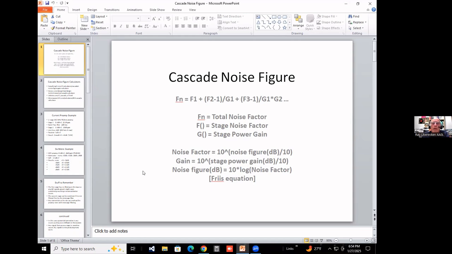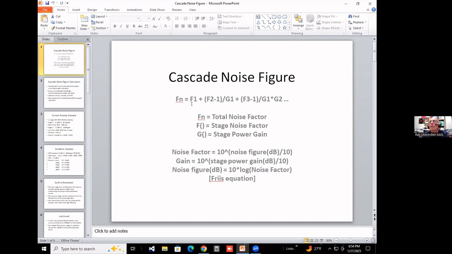This includes the preamp stages, the filters, the losses of the cable coming down, and the SDR. Now, I don't know which SDR we're talking about here, so I just guessed and took a typical number for the little SPI SDR, which I had a number for. So anyway, the first term is the total noise factor that you're looking for.